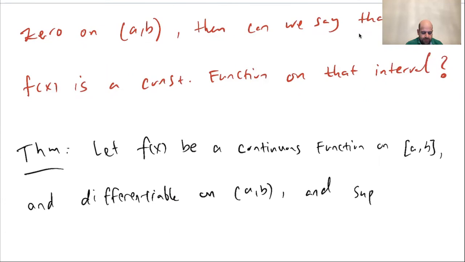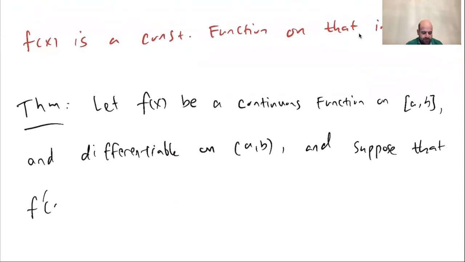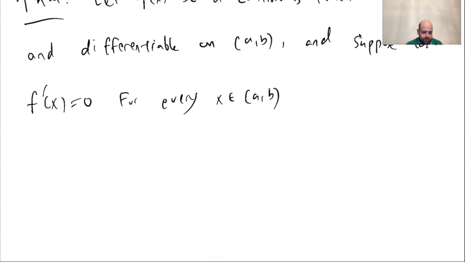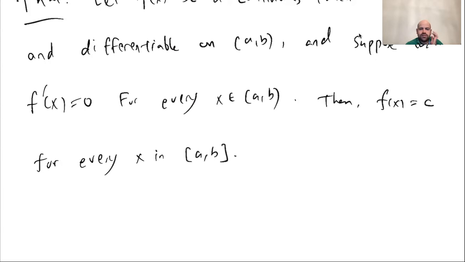And suppose that f prime of x equals 0 for every x between a to b. Then f of x equals c, a constant function, for every x in the closed interval a to b. So if the derivative is 0 on the open interval and the function is continuous on the closed interval, then the function will be a constant function on the closed interval.